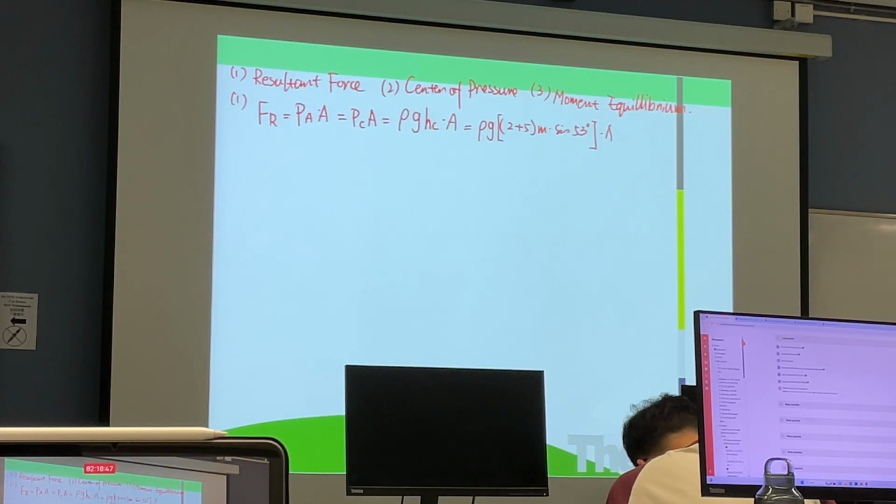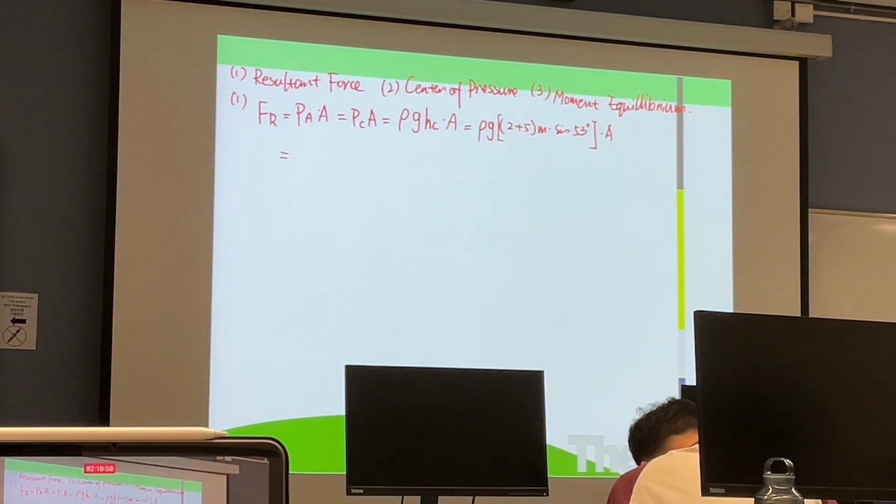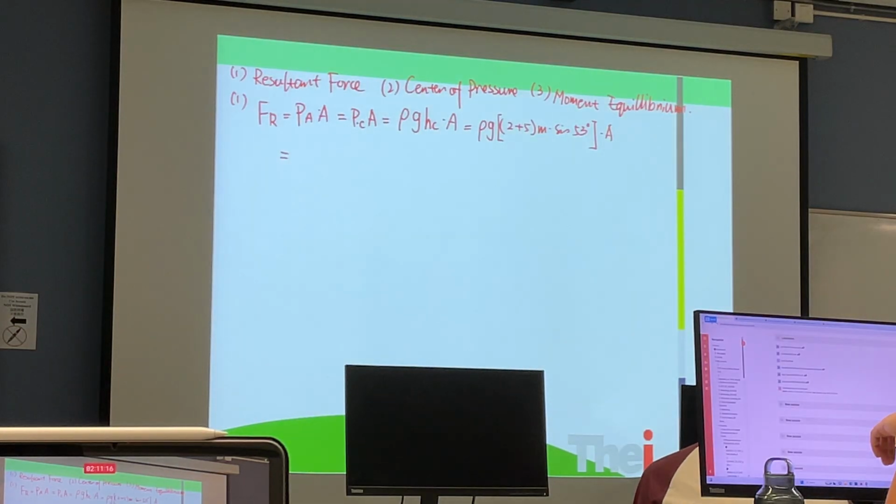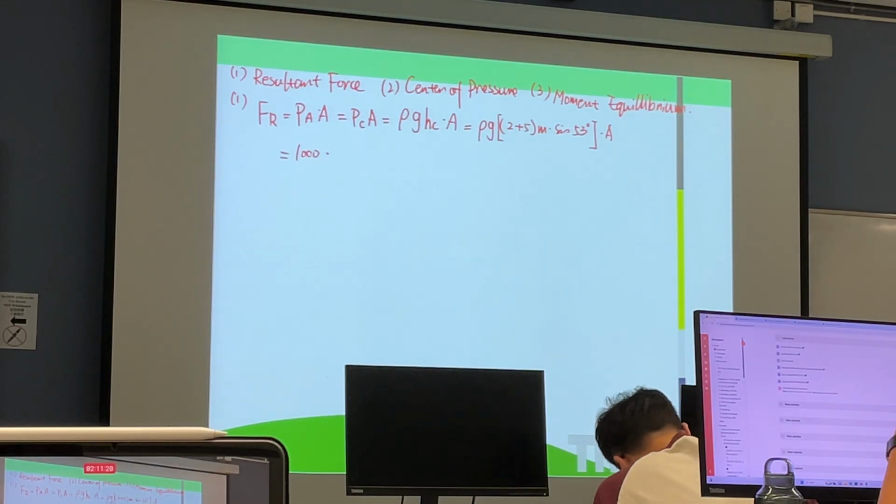And the area. Now, the density of water, we assume, is 1,000 kg per meter cube.